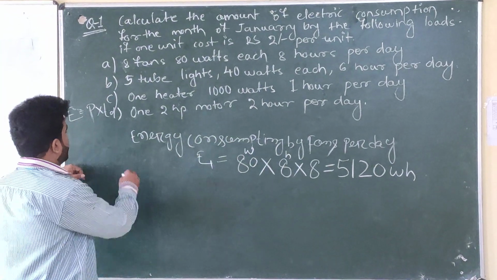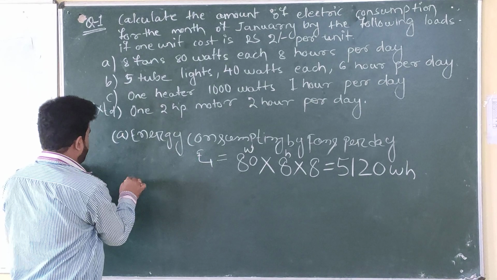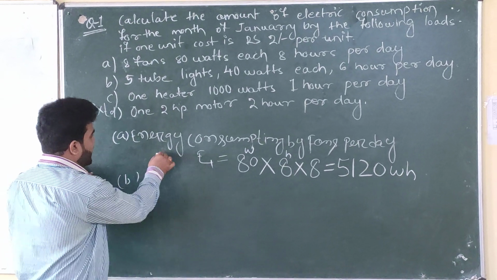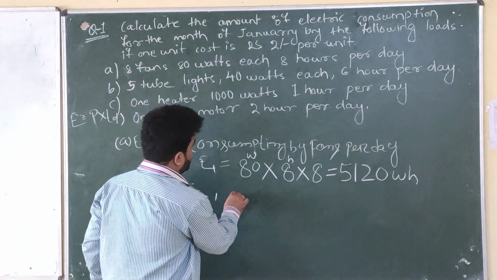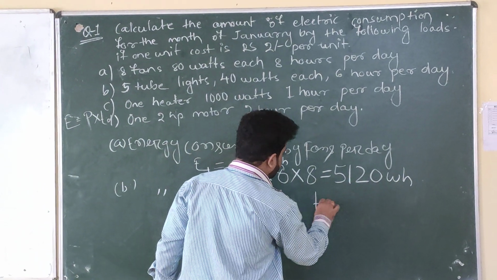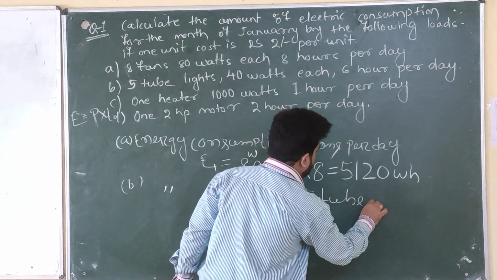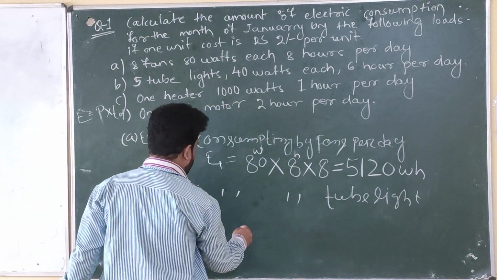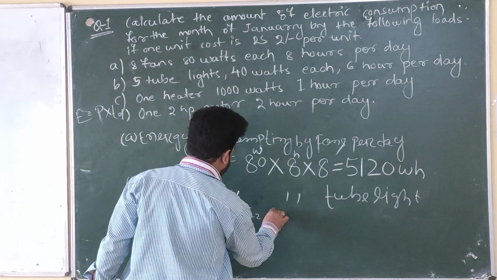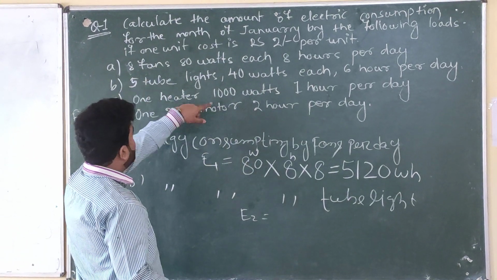This is your A. Then B, you can write energy consumption by the tube lights. E2 is equal to 5 tube lights.